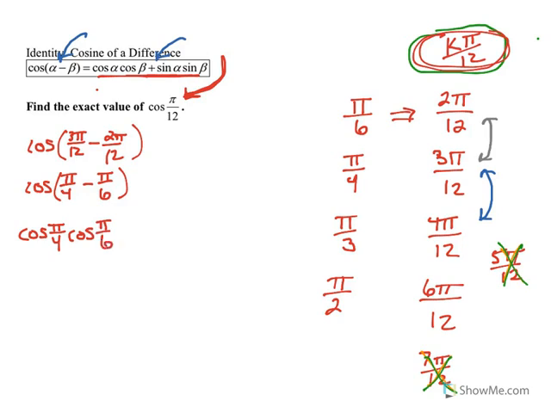And then if it's a cosine of a difference, we're going to have a plus sign in the middle. So it's going to be plus sine of alpha, so sine of pi over 4, and then sine of the beta, so sine of pi over 6.